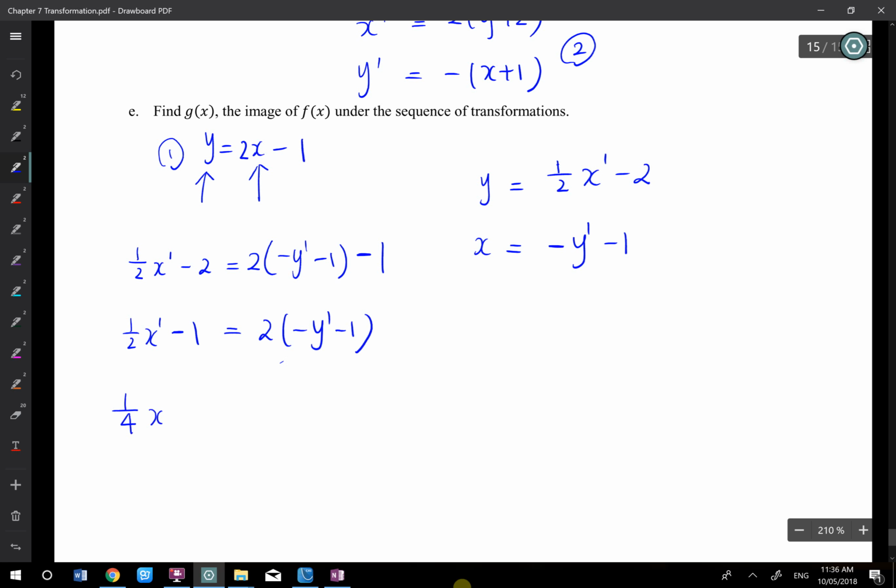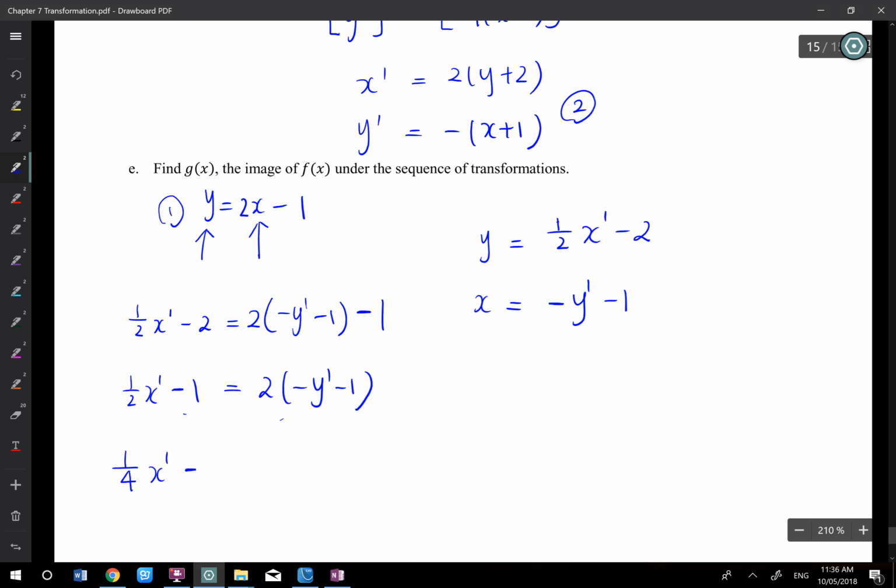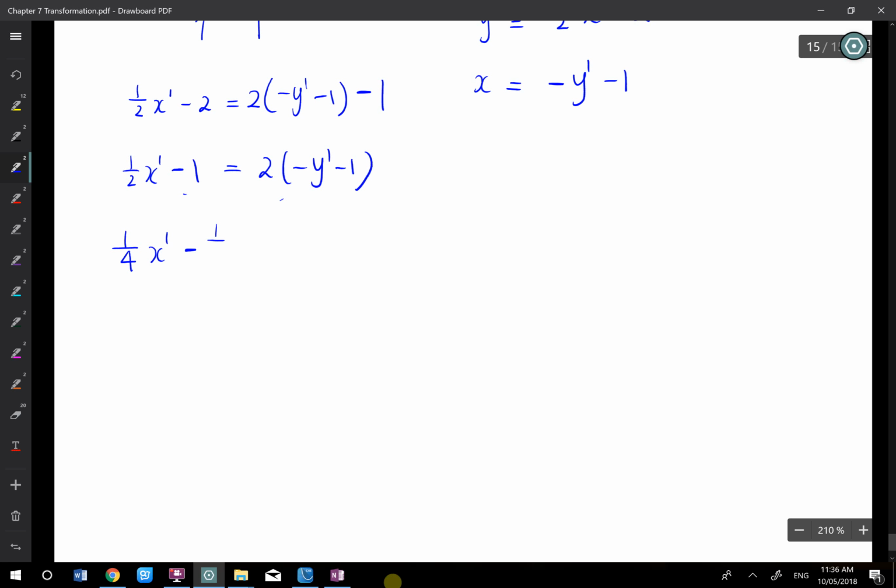That's a quarter x dash minus a half minus 1. Plus the 1 to that side, plus a half equals minus y dash. And y equals minus a quarter x minus a half.